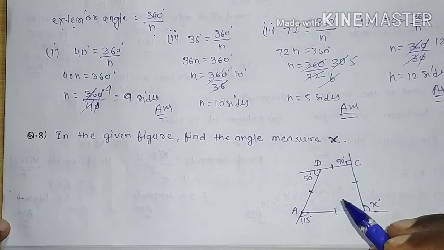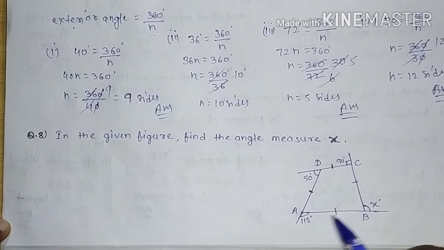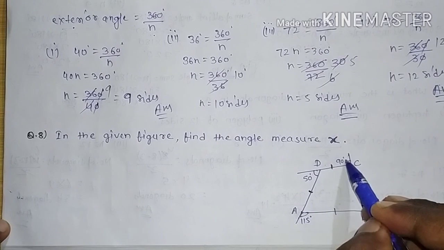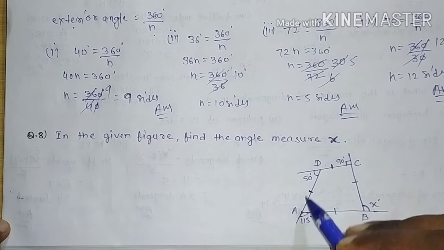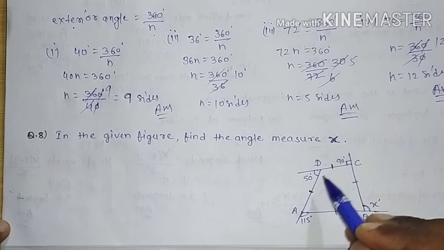That means it's a quadrilateral, and here each side is extended. So AB is extended to form x degrees. So x degrees is an exterior angle. Again 90 degrees is also an exterior angle. This is 50 degrees and this is 115 degrees. All 4 exterior angles are given, and this is a quadrilateral ABCD.